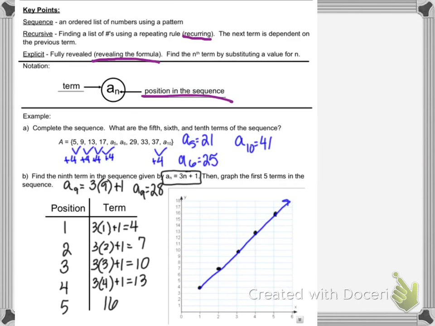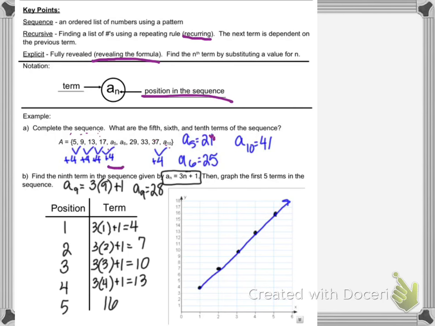So right here we see that our numbers are going up by 4, and they continue to go up by 4 here. We can find them by just adding 4, 4, 4, and finding, if I add 17 to 4, I get the 5th is 21.